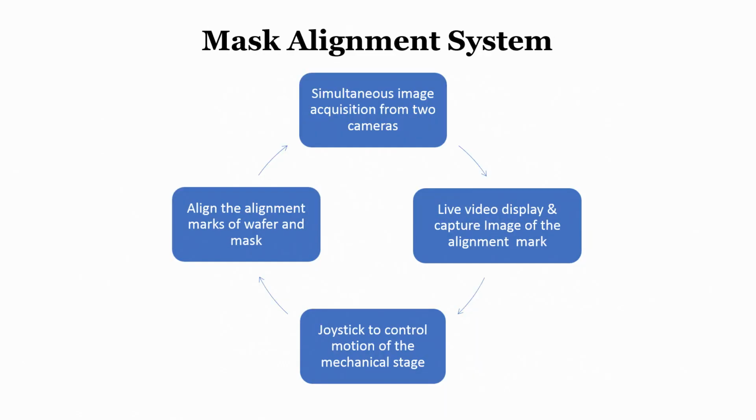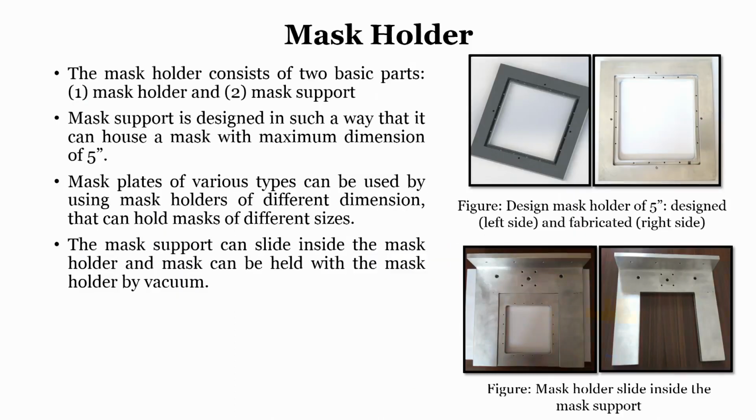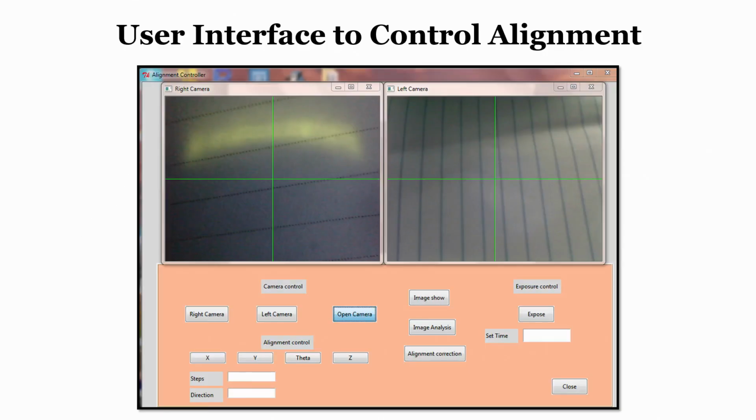So, how do these cameras come into the picture? If you see this one, these are the camera and lens holders that we were talking about. So, left and right cameras can both simultaneously view the mask at the same time. That is what we are looking at. This is a left camera, this is a right camera, and we can simultaneously look at both the cameras.